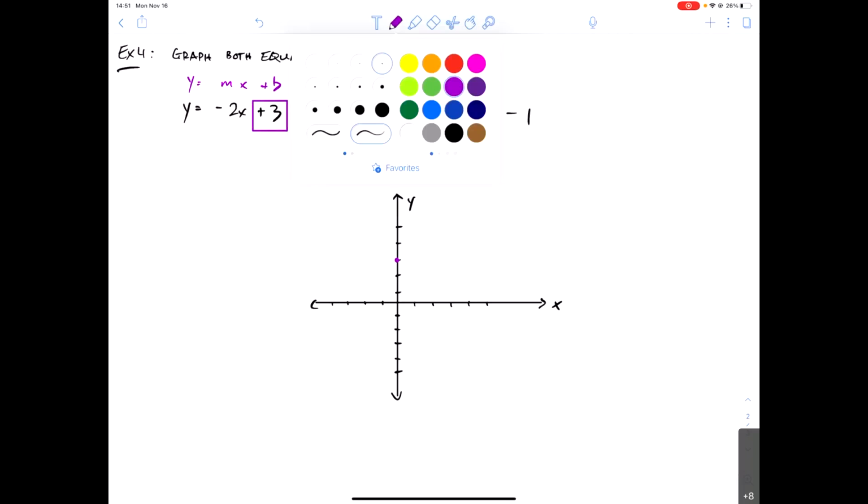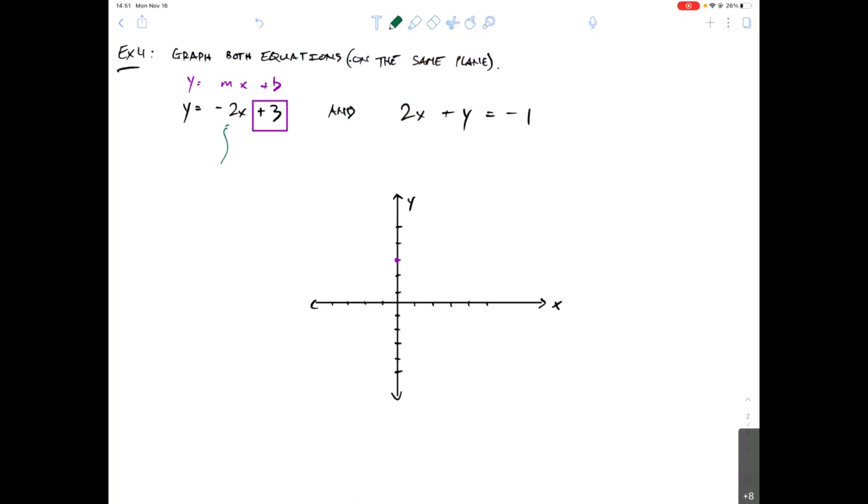And then our graph has a slope of not negative 2x, but just negative 2. Remember, it's just a number in front of x, and it's over 1. Remember, any integer that you see without a denominator, it's technically over 1. And you're going to go up 2 units, and you're going to move to the left 1 because it is negative. So I'm going to do my best to draw this.